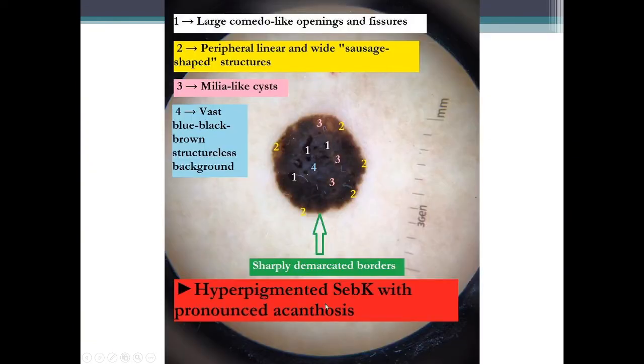In the opposite, seborrheic keratosis, this is the lesion that I told you is completely fine. Even though it's very, very dark, you see that there are some structures like sausage-shaped streaks, and it's all over. Comedon-like openings, it's all over.